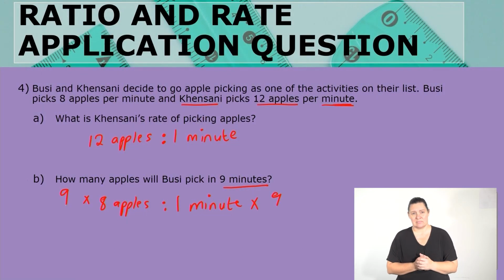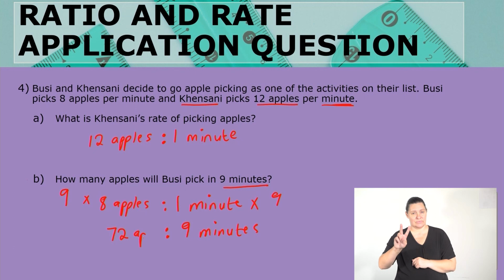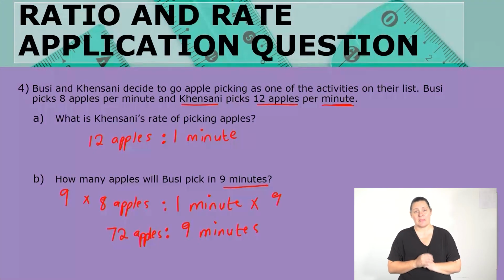We are going to multiply by 9 on that side as well. So 9 minutes will give us, what is 9 times 8? Yes, you are correct. It is 72 apples. So this means that in 9 minutes, Busi will pick 72 apples.